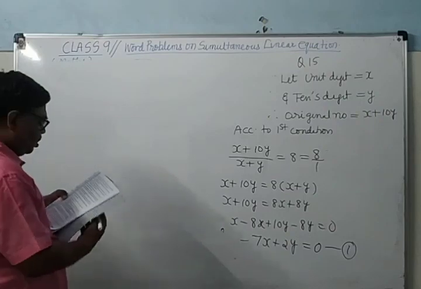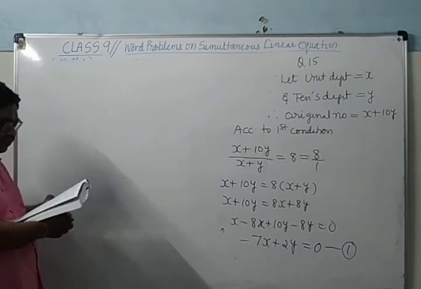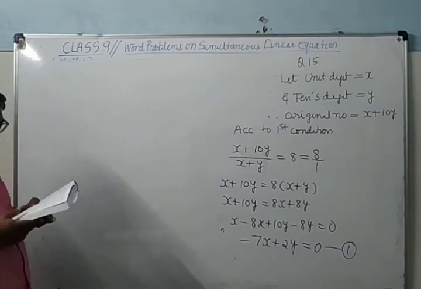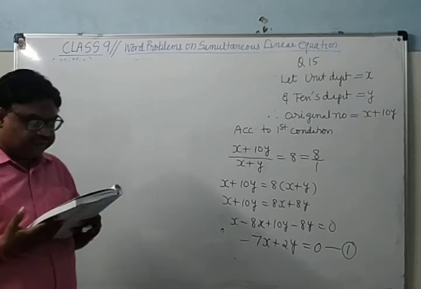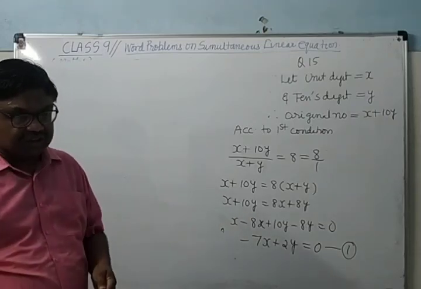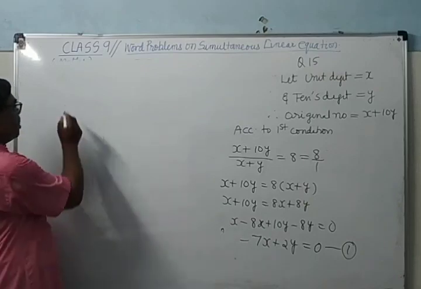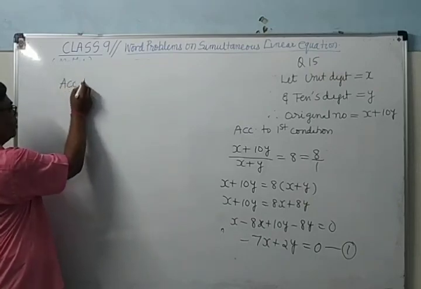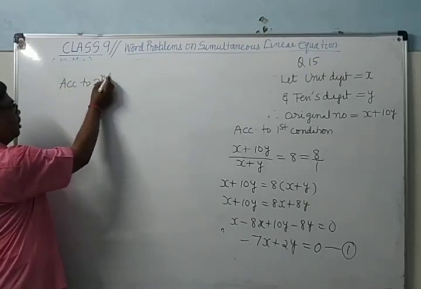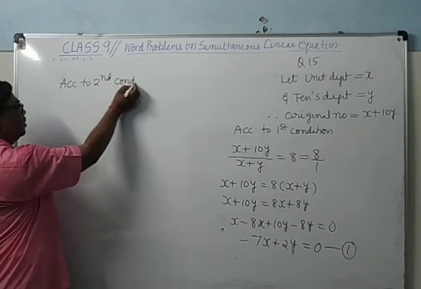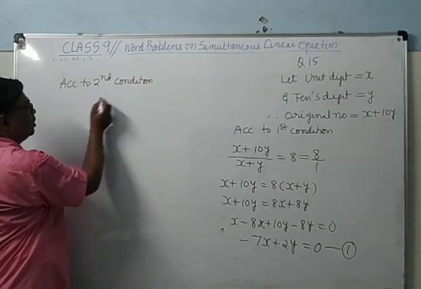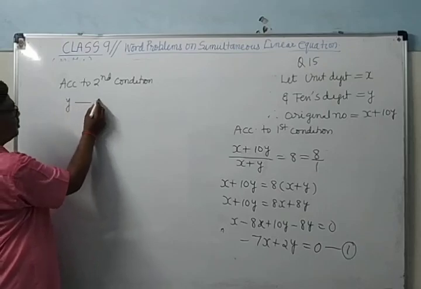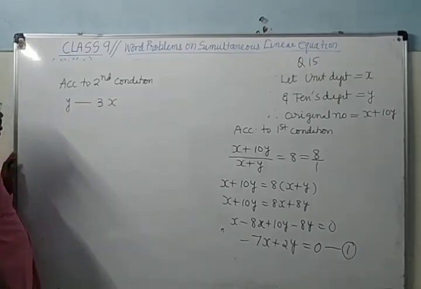Now see here, then it is given in the second condition, if the tens digit is diminished by 3 times the unit digit, the remainder is 1. According to second condition, tens digit y is diminished by 3 times of the unit digit, 3x.